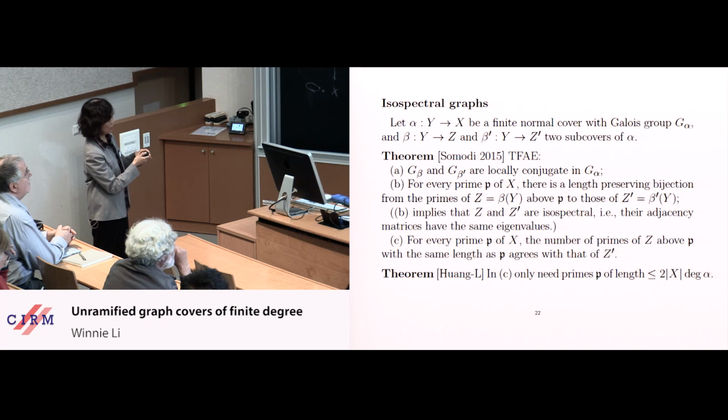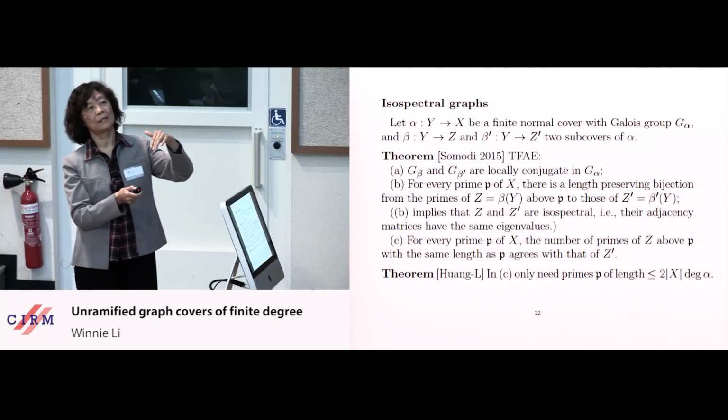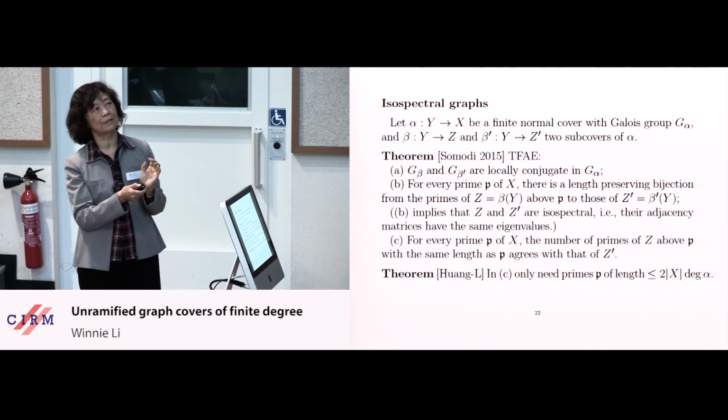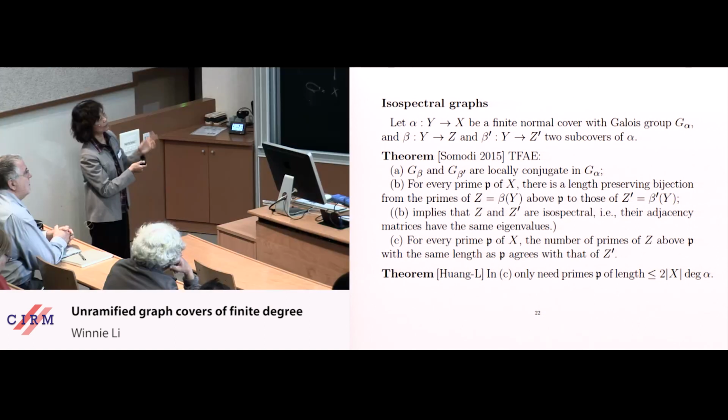Okay. So that is equivalent to the case that for each prime P in X downstairs, you look at the primes in Z and Z prime upstairs, and there should be a norm length-preserving bijection. So this part is very similar to what happens in the number field case. And the second condition here implies that the 2 graphs are isospectral, namely their adjacency matrices have the same eigenvalues.